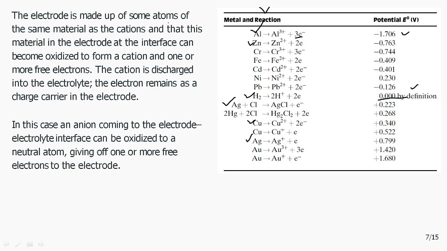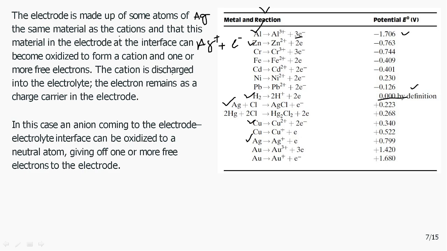The electrode is made up of atoms of the same material as the cation. If you consider Ag, the cation will be Ag plus, and the material at the electrode interface can be oxidized to form a cation, Ag plus, plus e minus.